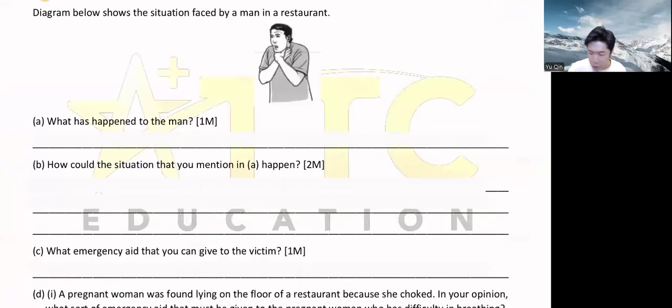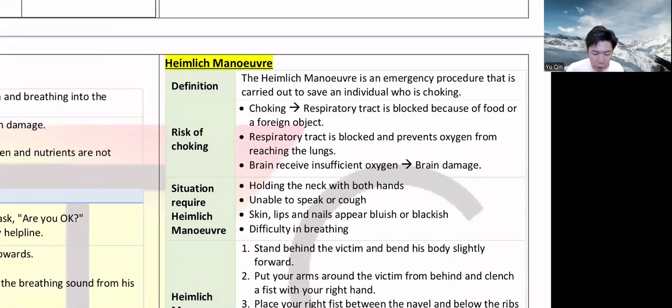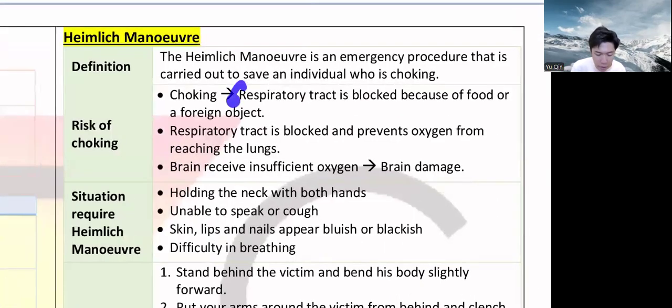How could the situation that you mentioned in A happen? What do you mean, why choking? Because you sing while you eat, or you know lah. Of course, we're talking about scientific answers here. Why choking? It's because the respiratory tract is blocked. So I think this is the answer.